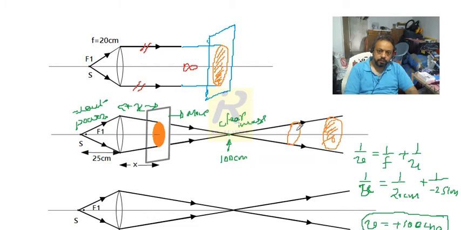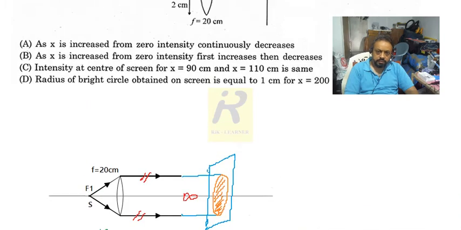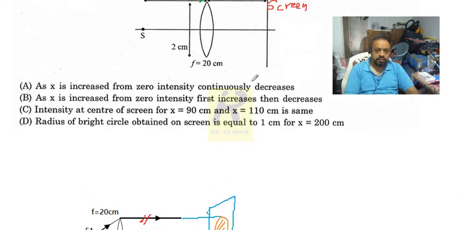So the area increases. That means intensity decreases beyond this 100 centimeter. So till 100 centimeter intensity increases, and beyond 100 centimeter intensity decreases. So option A is wrong. Continuously decreases, no, it is wrong.